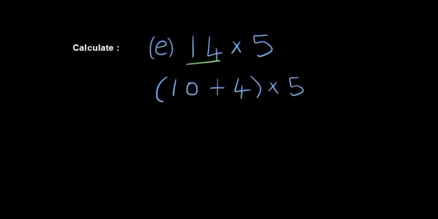Then we're going to distribute the 5. So we're going to distribute the 5 to the 10 first here, and then we're going to distribute the 5 to the 4.